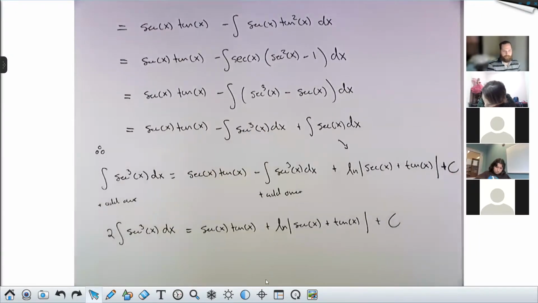And now you can divide both sides by 2 for the win.